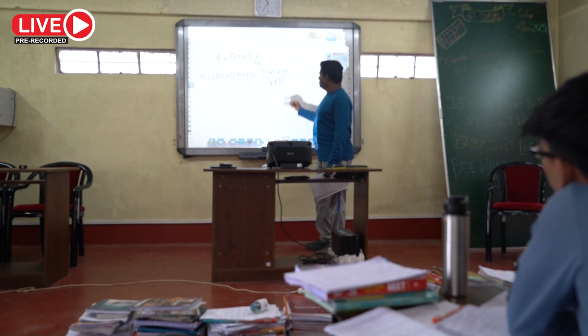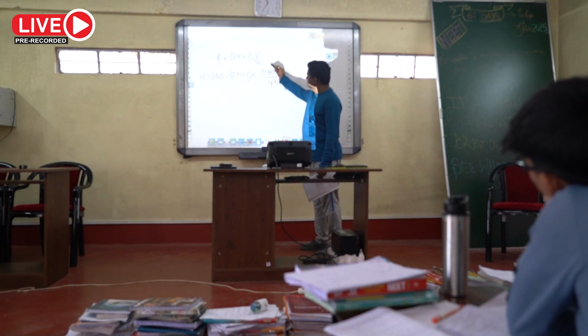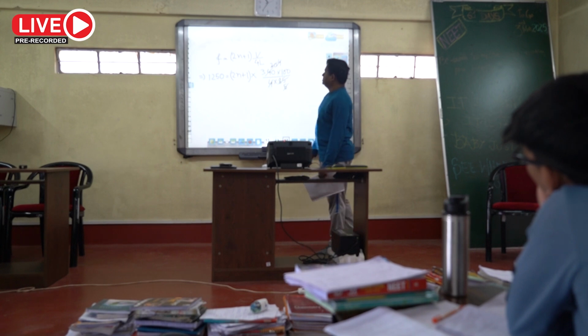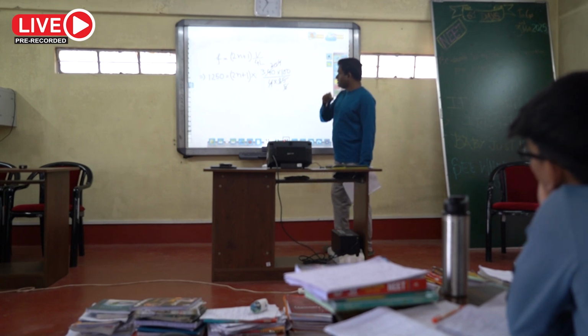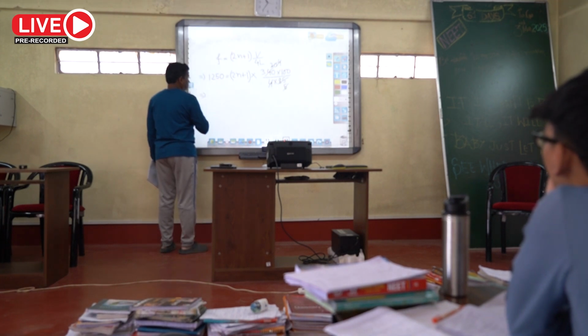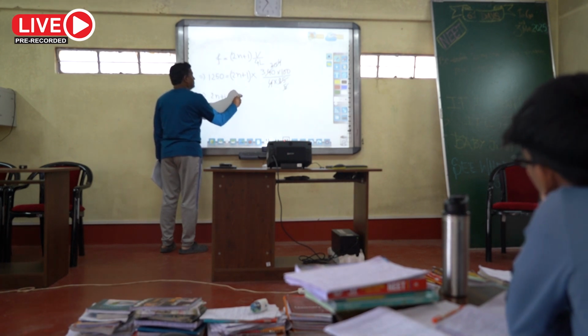Okay, so it will be 100. So from this we can write 2n plus 1 equal to 12.5.